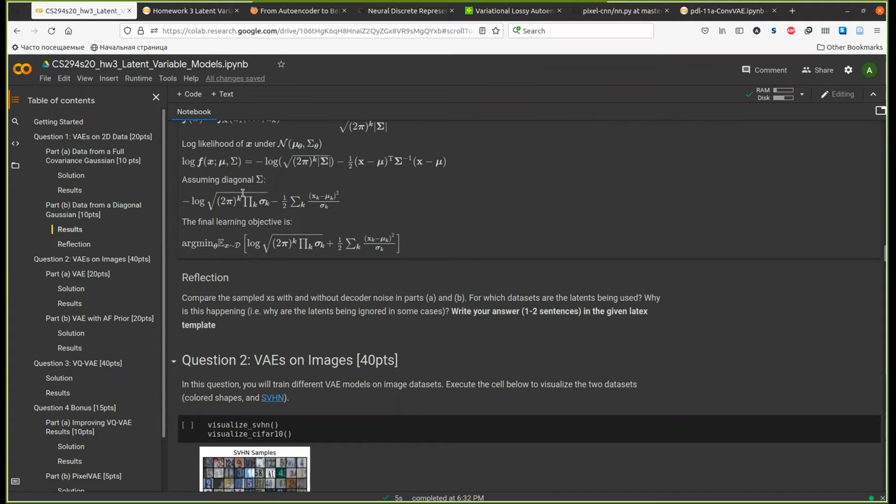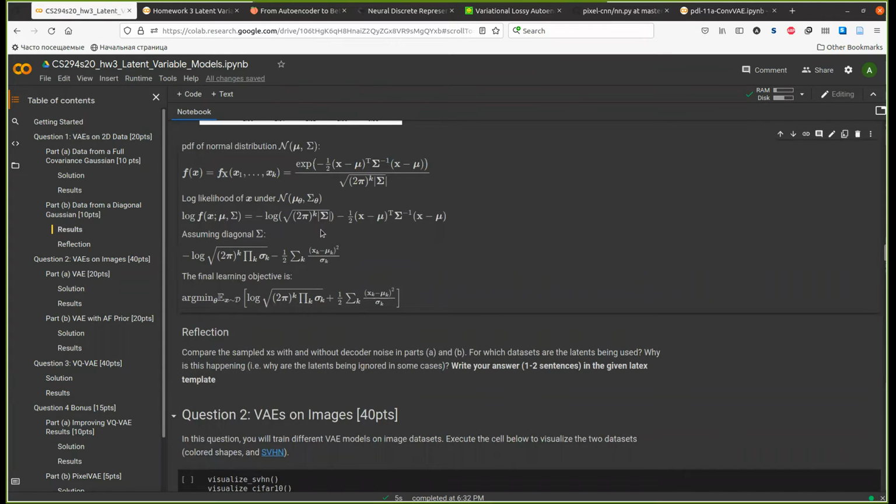And the other thing is that the determinant of the covariance matrix is just a product of the diagonal components. So our final learning objective for this particular case becomes this one. That is what we computed for this task, the normal negative log likelihood, as I called it.